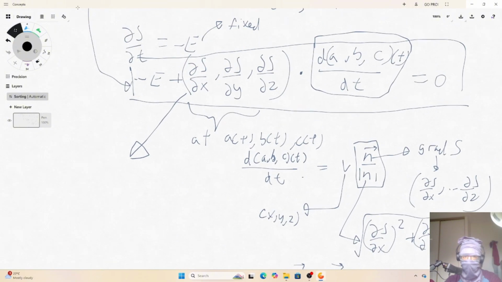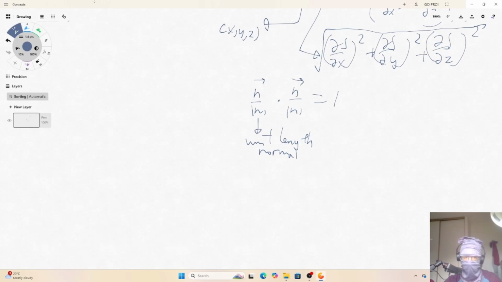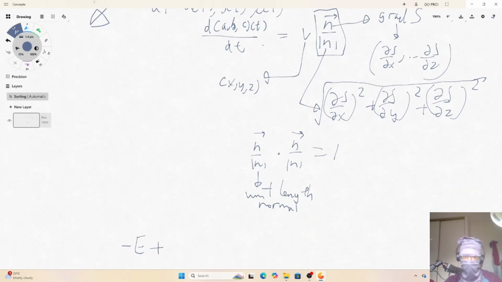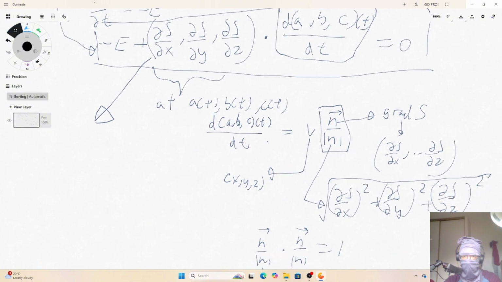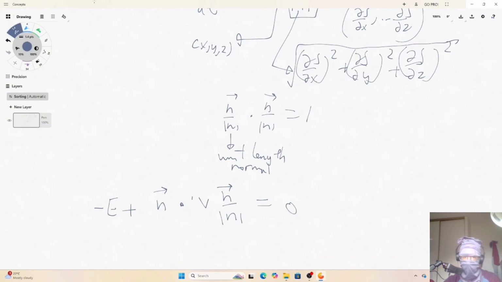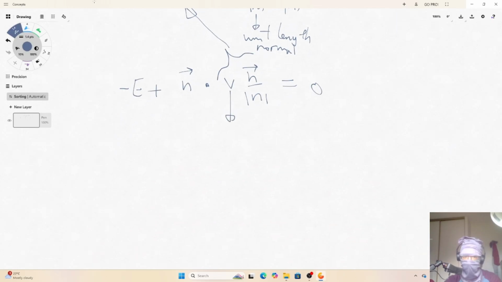So let's rewrite that equation. It's minus E plus this, which is the velocity of the point on the moving wavefront that we said moves normal to that wavefront. And we want to find the value of v.